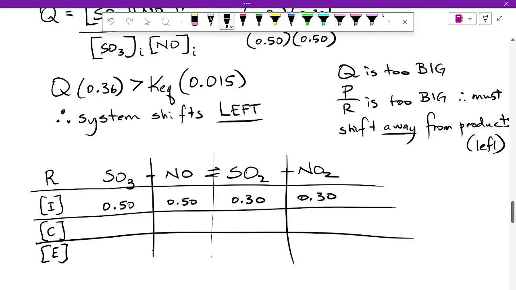If the system is shifting left, where do we put our plus signs? We put our plus signs on the reactant side. So plus and plus, because we're shifting left. And then we have minus and minus.